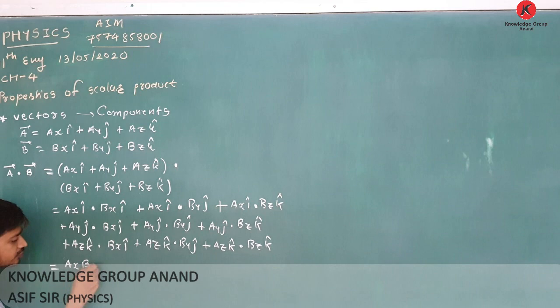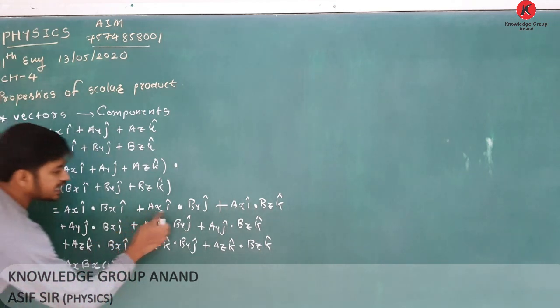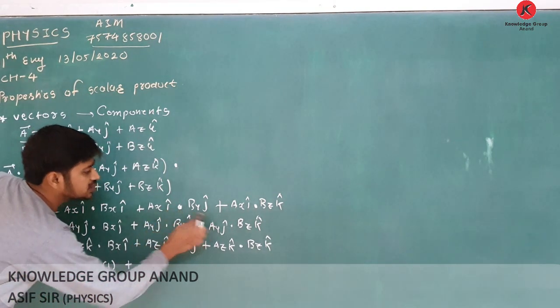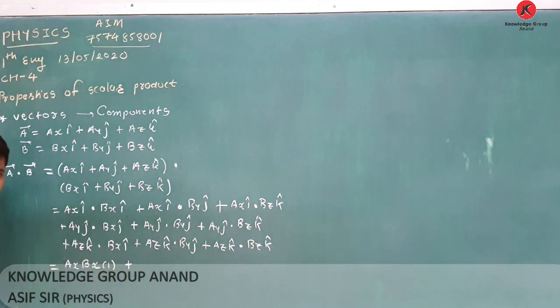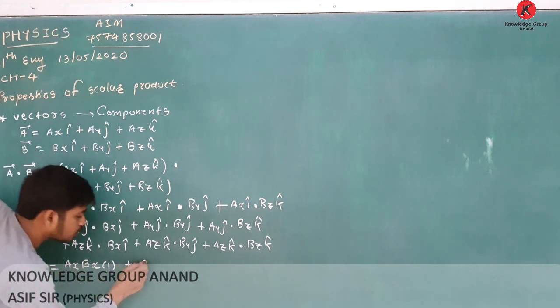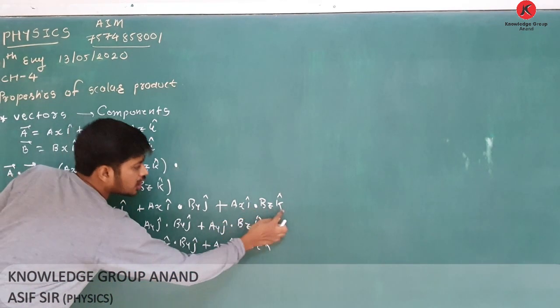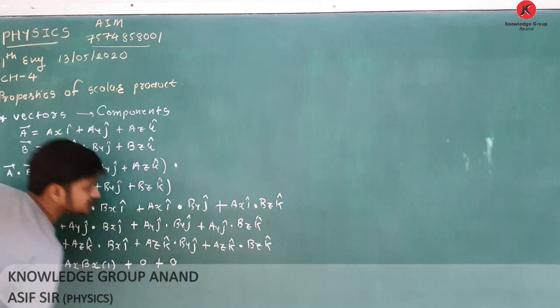Ax and Bx are magnitudes, so we can multiply them directly. Remaining is i caret dot i caret, which is 1. Plus Ax By, but what remains is i dot j, and in the last lecture we discussed i dot j is equal to 0. Plus i dot k caret, again 0.